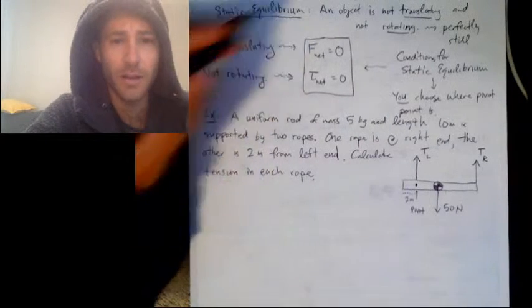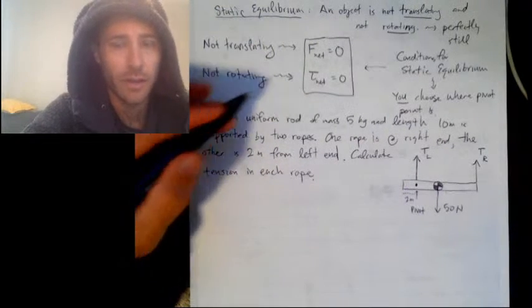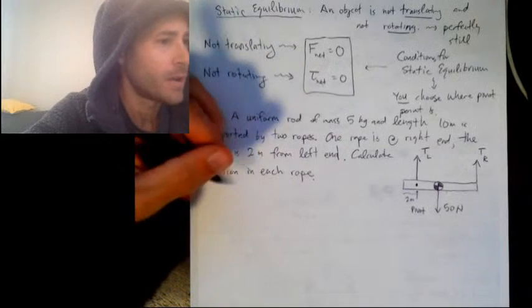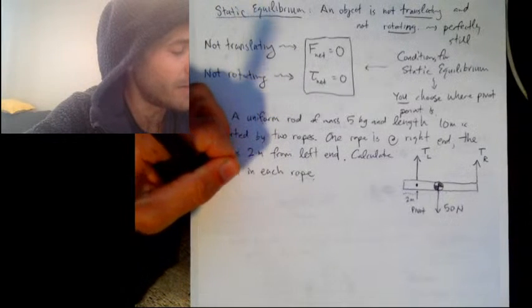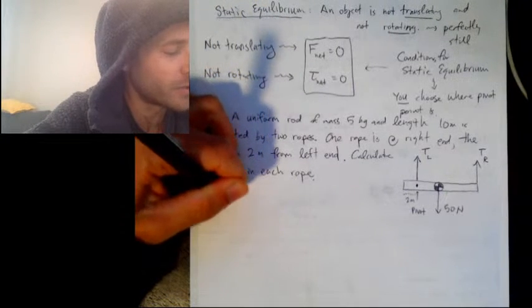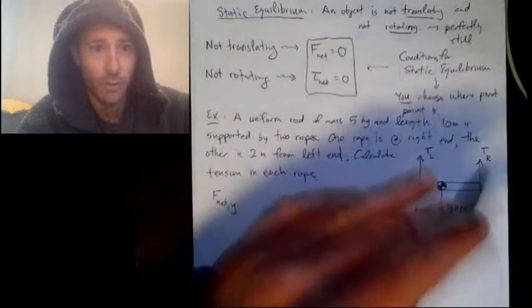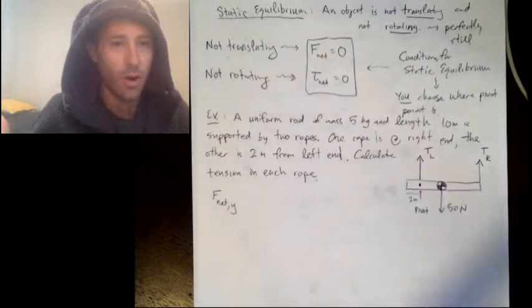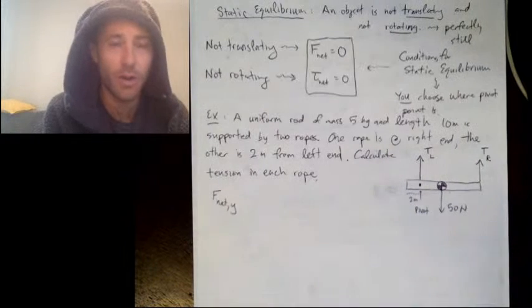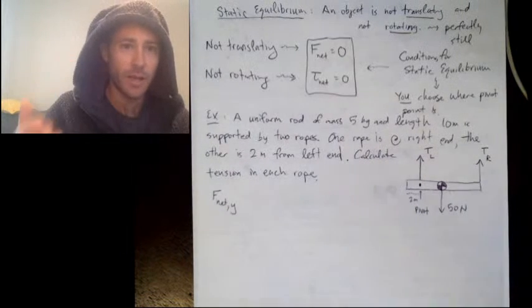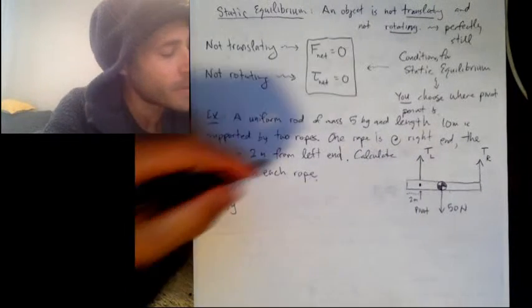So let's go ahead and apply the first equation of static equilibrium. The net force, and this is going to be the net force in the y direction because all of the forces are vertical, so there are no forces in the x direction. So I already have net force in the x direction equals 0.